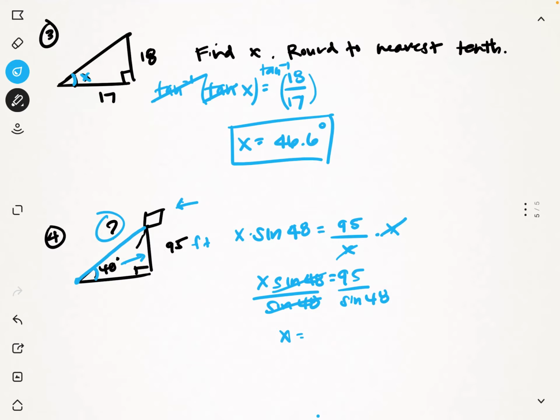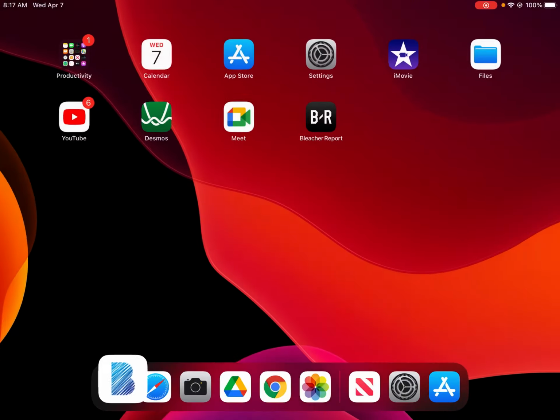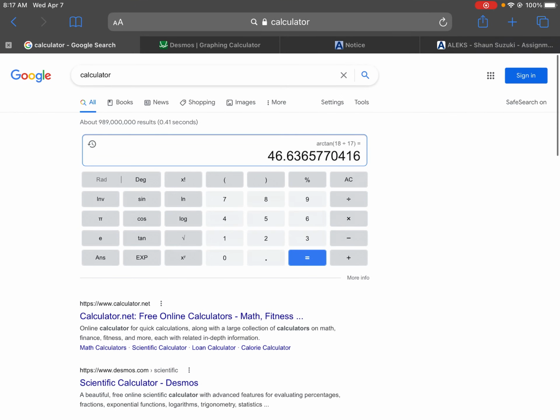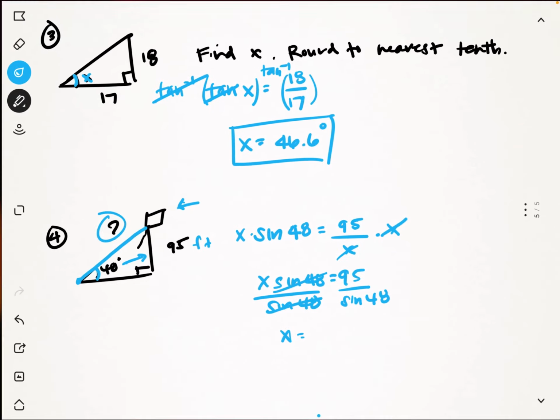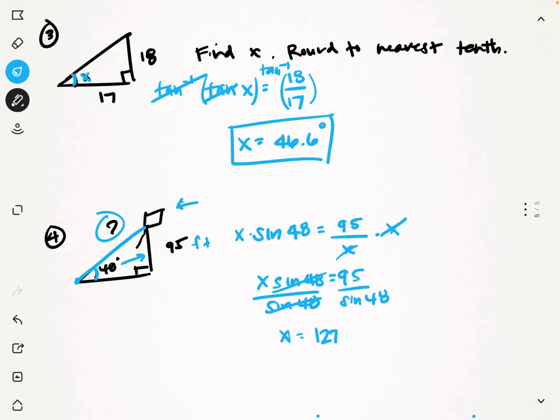So we have x equals, and then in our calculator again, 95 divided by sine 48, close your parentheses. And that's going to be 127.84, and this would be feet.